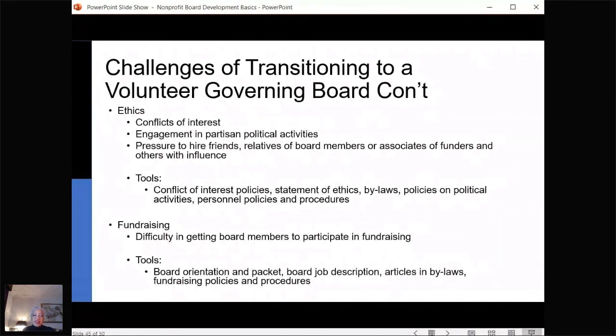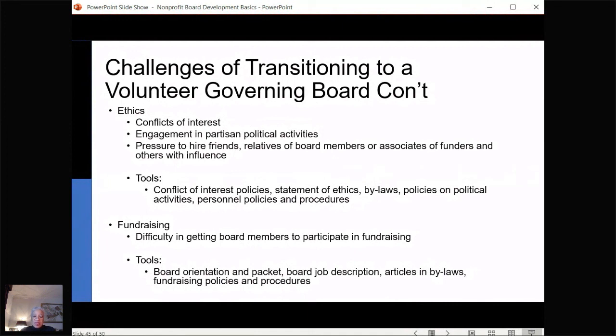And then fundraising. It's very common to have trouble getting board members to participate in fundraising. In many instances, many people think that they don't have the skill. People feel uncomfortable selling. So some of the tools that you can use are having a board orientation and packet that will outline the expectations for people, especially as it relates to fundraising.